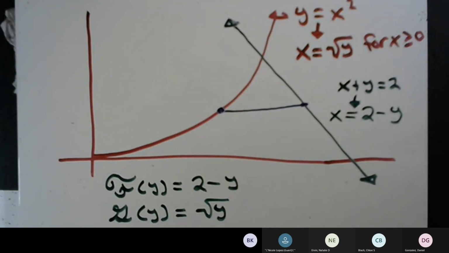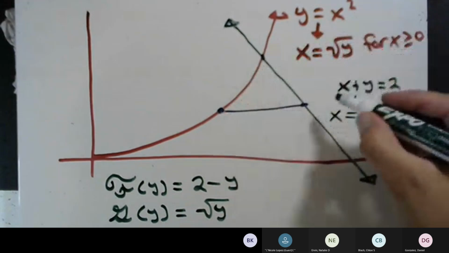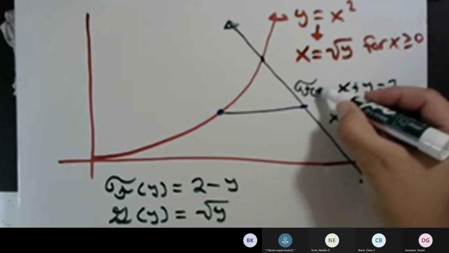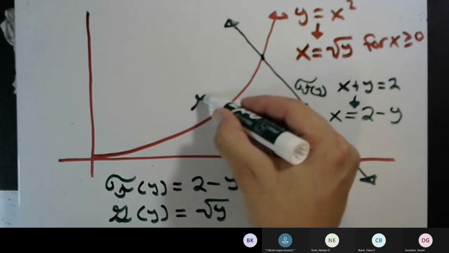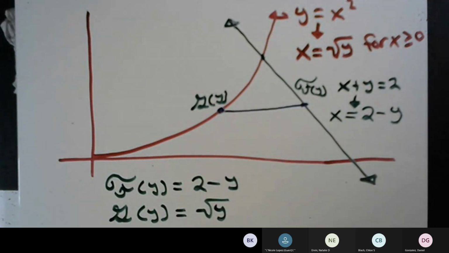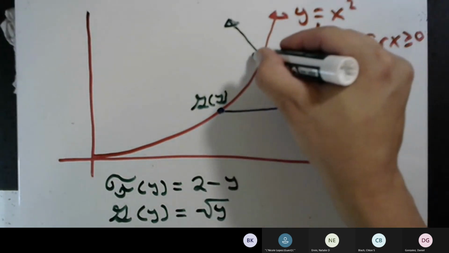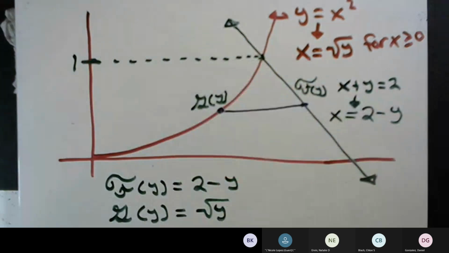And again, the intersection point hasn't changed. So here's f of y, quote unquote, on top. Here's g of y below f of y, so to speak. And then here, again, we have 1.